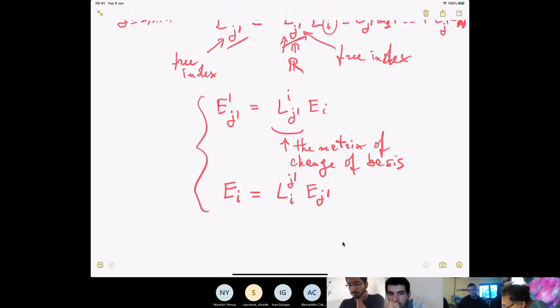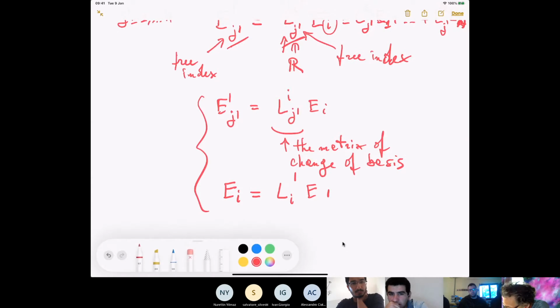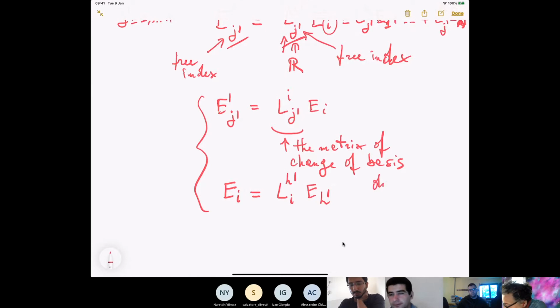So it is very wise to avoid calling repeated indices in the same way. We have already said that dummy indices can change name.